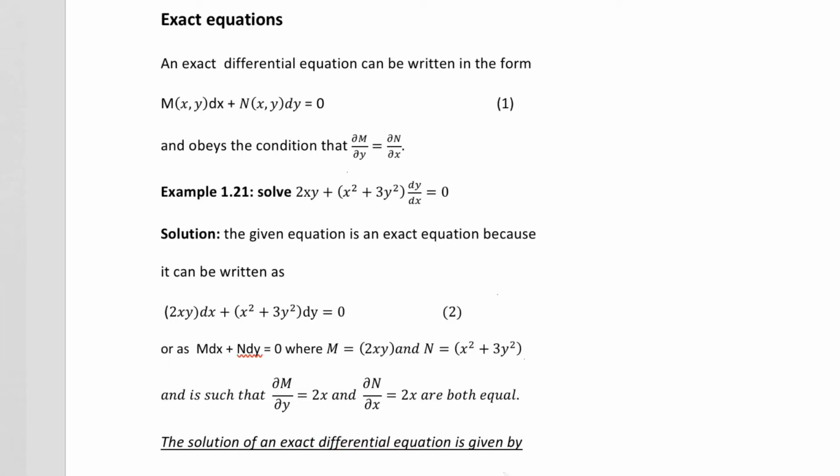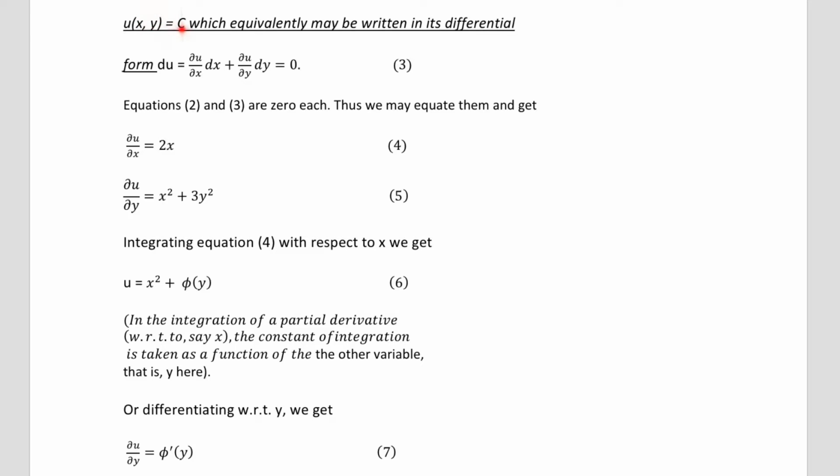The solution of an exact differential equation is given by u(x,y) is equal to c, which equivalently may be written in its differential form du is equal to this. Let's name this as equation 3.